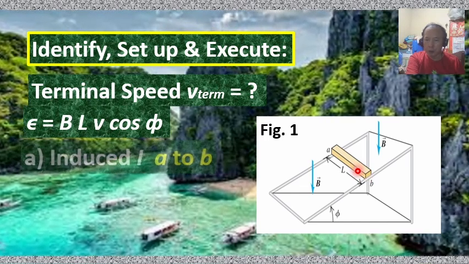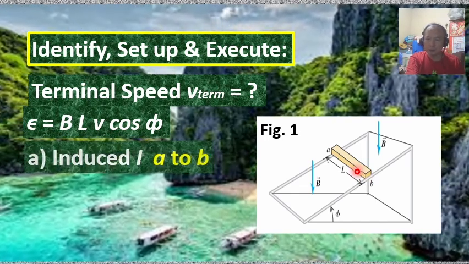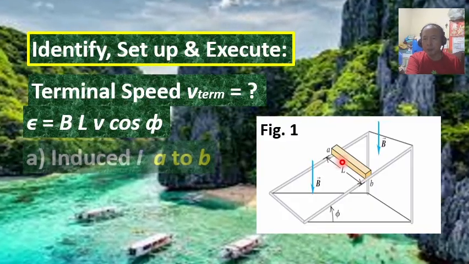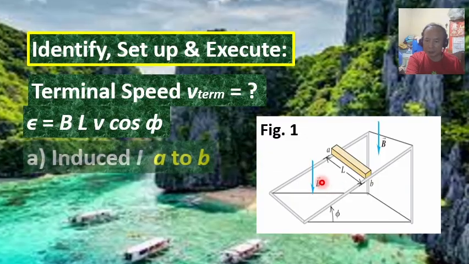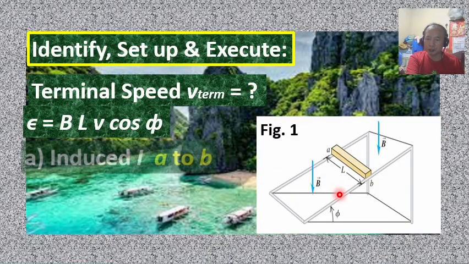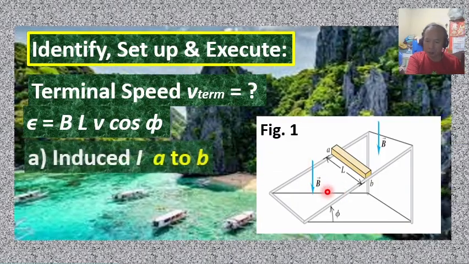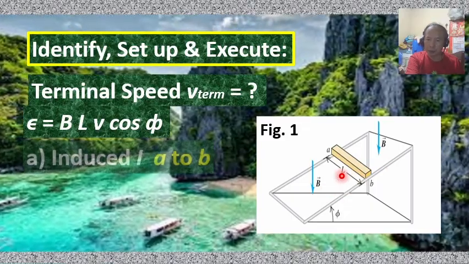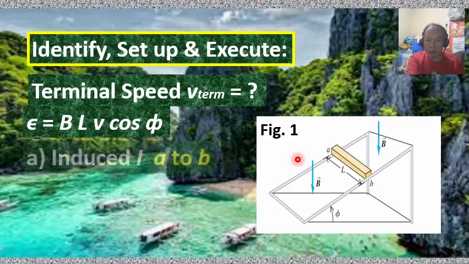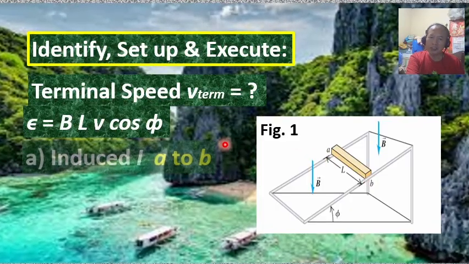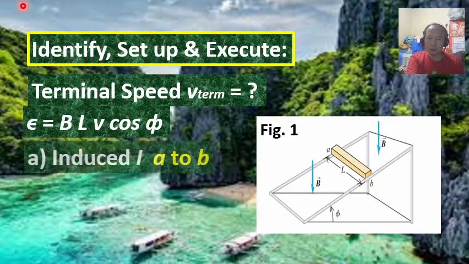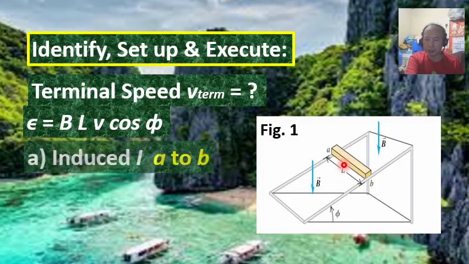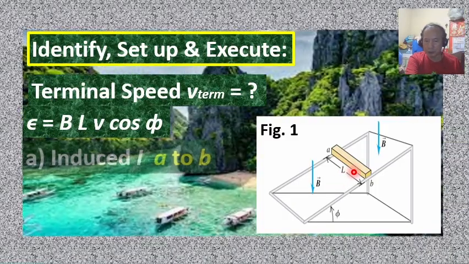So the component of the gravitational force pulling the bar down the incline is opposed by the magnetic force due to the magnetic field pushing the bar up the incline. That's why the bar reaches what we call a terminal speed, because the net force now becomes zero, right?